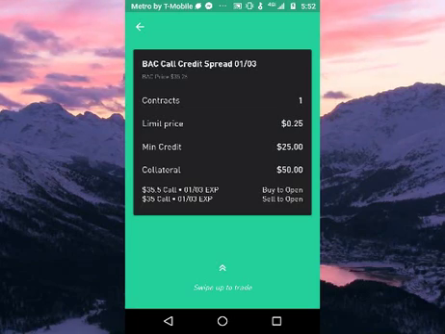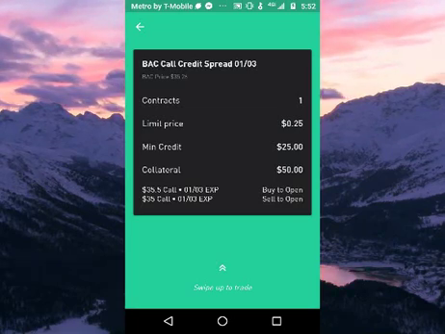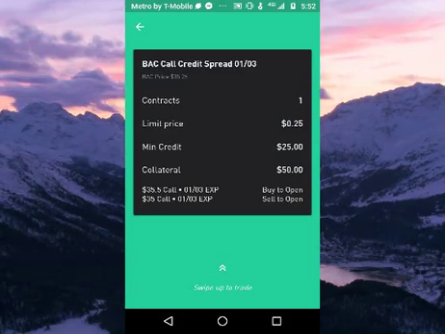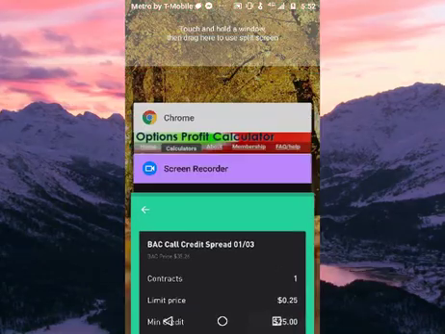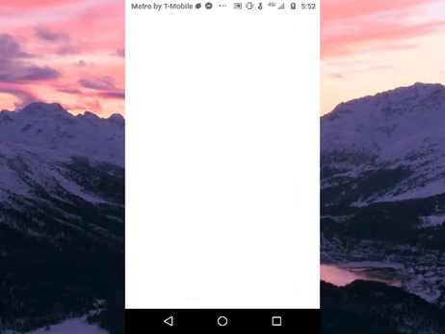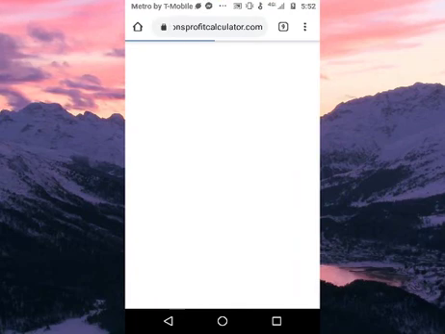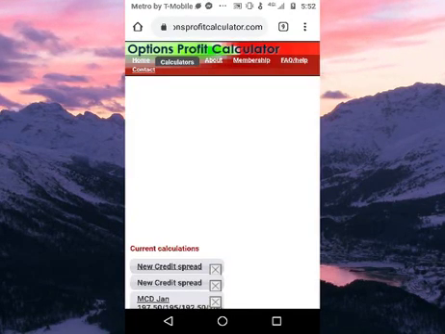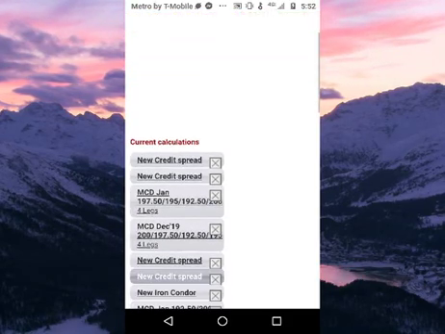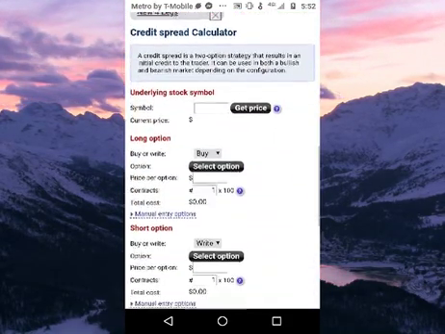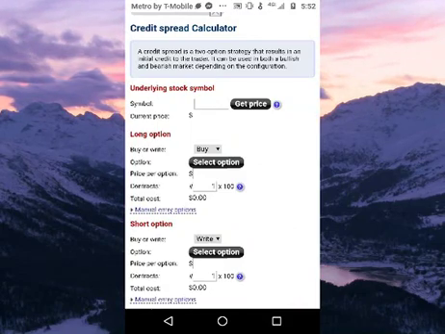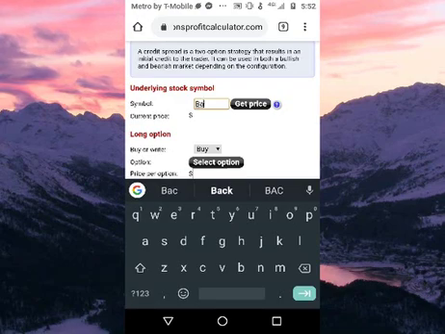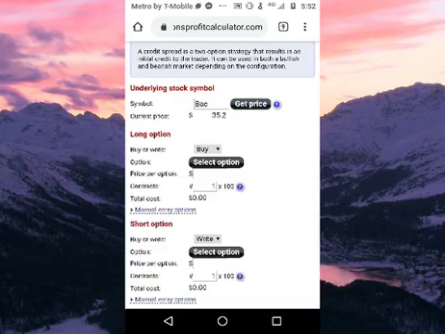Now, in order to project and see what this position can possibly make us, we can go to profitoptionscalculator.com. Let's go to that website. On the top corner, it's going to show you a calculator. You're going to click on the spread side, click on credit spreads, and type in the Bank of America symbol, which is BAC, then get price.